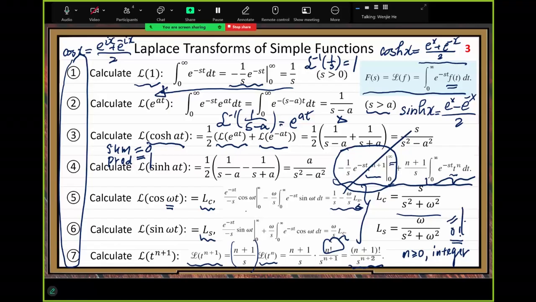another way, we use a recurrence formula. We introduce a new function f of n equals n factorial. Then can we write f of n equals n times f of n minus 1? That is n times (n minus 1) factorial.